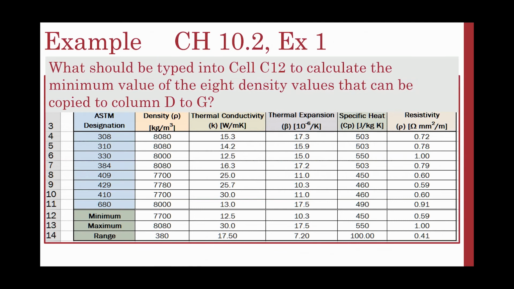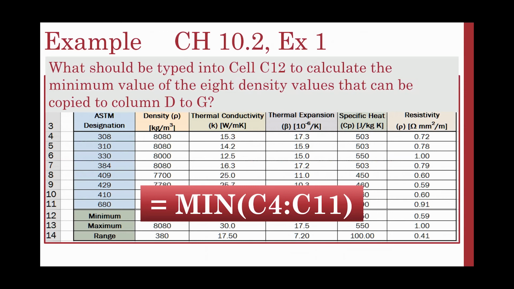The function we're going to use is the min function. We want the minimum of C4 to C11, and since we want to drag it over into every column, we definitely do not want dollar signs next to our letters. You could put them next to the numbers, but you don't need to, since you're just dragging this over row by row and not up or down.